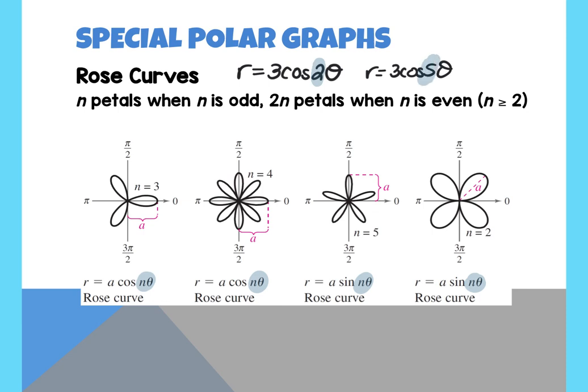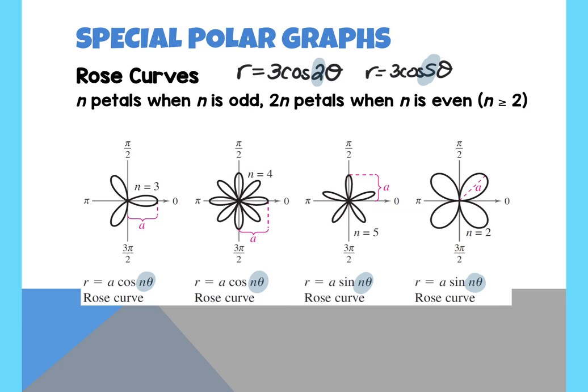Now R is still raised to the first power, because this is going to change when we get to the lemniscates, where R would be squared and there's a number in between. But if R is raised to the first and there's a number in between, it's a rose. If that number is odd, then that equals the number of petals.